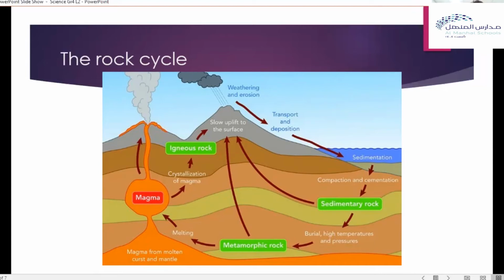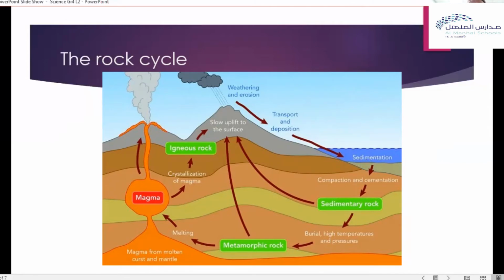The rocks are very new and very hot, and they fly out of the volcano's mouth and form layers on top of the mountain. Weathering and erosion, which we will still discuss, cause the rock to break apart and be carried down mountains into the oceans, where new layers of sediment form.